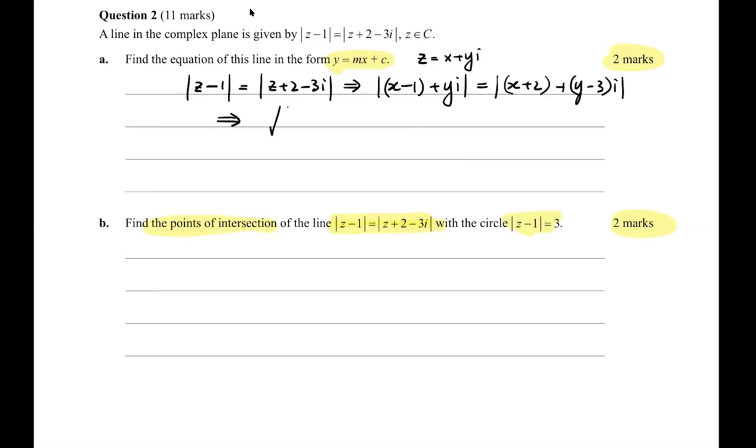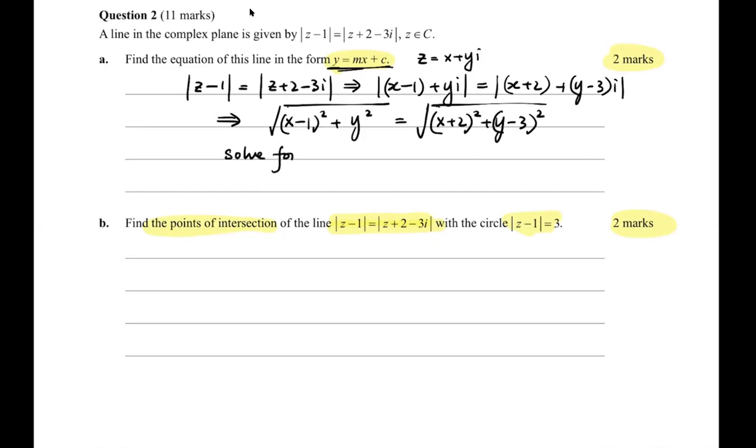Let's just write this line anyway. Square root of x minus 1 squared plus y squared equals square root of x plus 2 squared plus y minus 3 squared. Okay, it's time for us to rewrite this one in y equals mx plus c. So we just leave the space here. Solve for y and then see what we get.